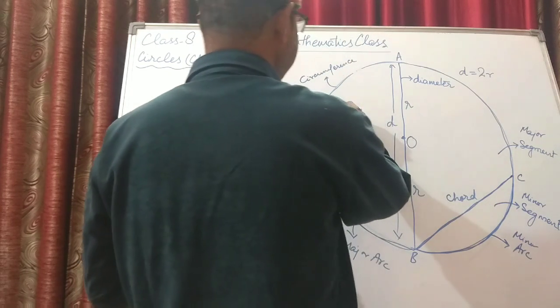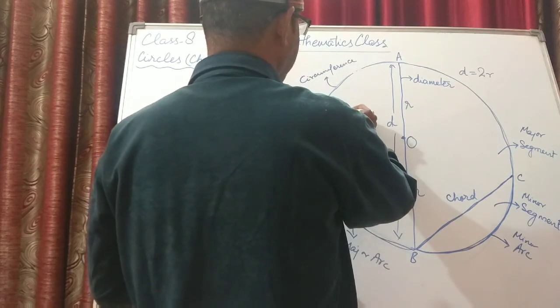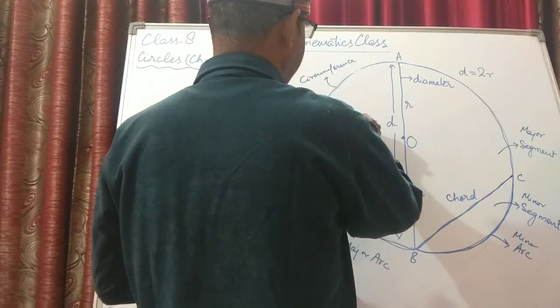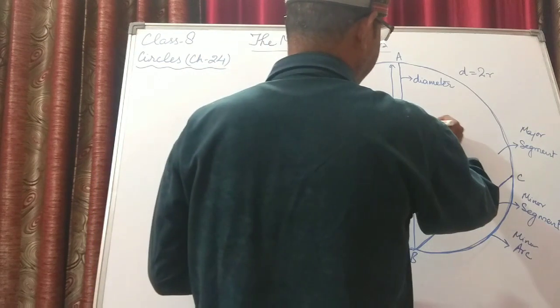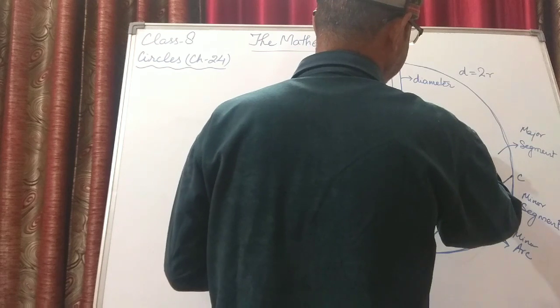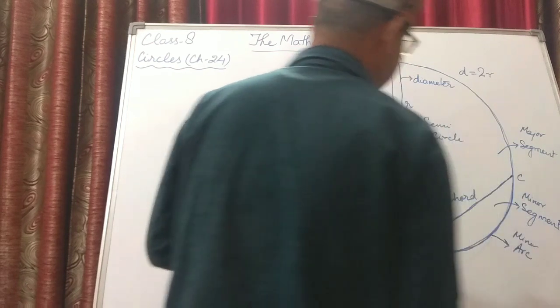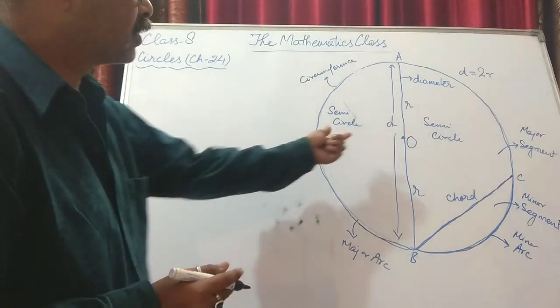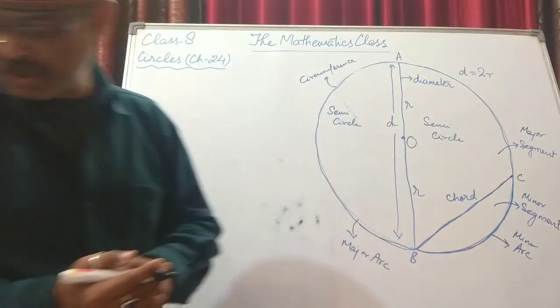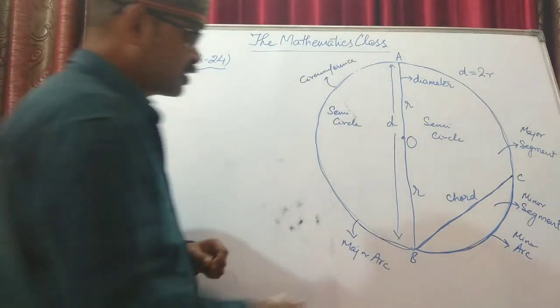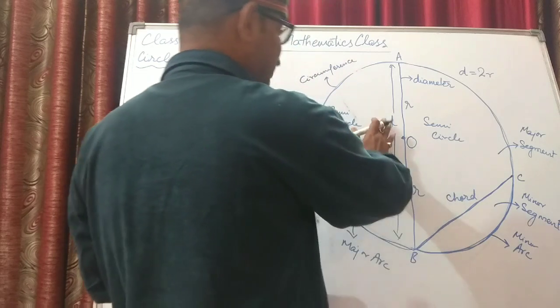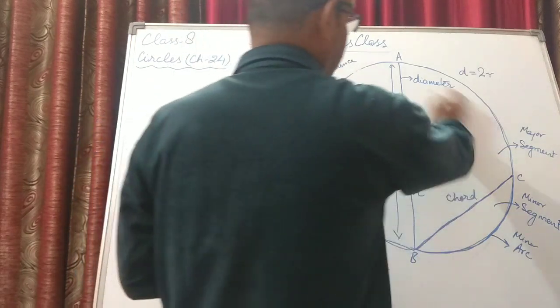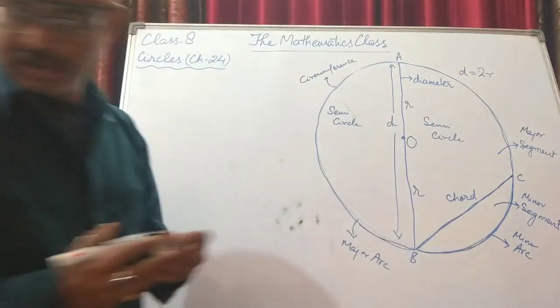So each one is known as semicircle. Diameter divides the circle into two halves and each of them is known as semicircle, like this. Now this is minor segment, major segment. This total part is major segment and like this.